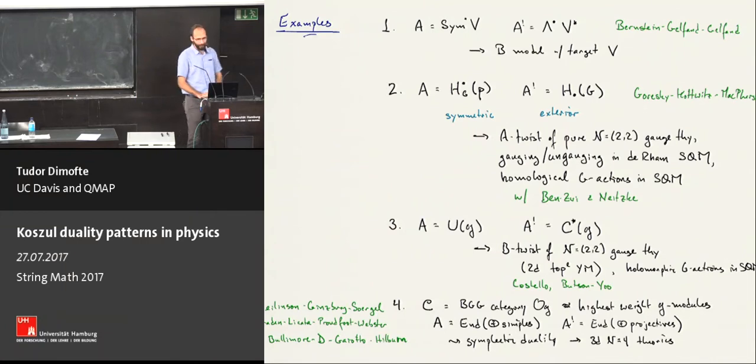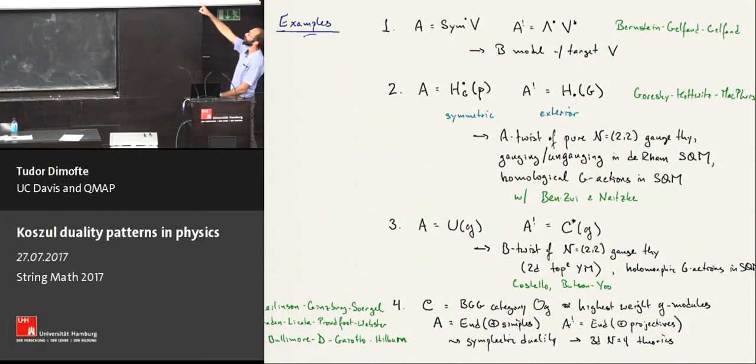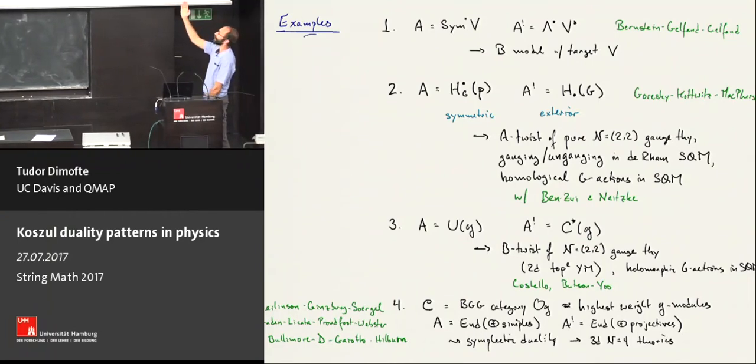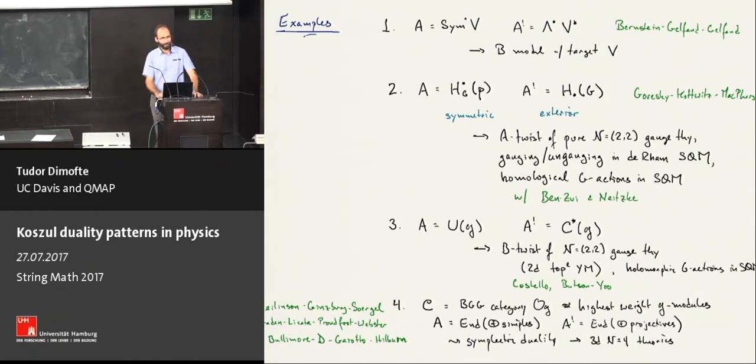I will talk a little bit about the example, the duality between the symmetric algebra on a vector space and the exterior algebra on the dual of that vector space. That is easy to implement physically in a B model whose target is that vector space. That example, which I'll go through, might seem a little bit construed.